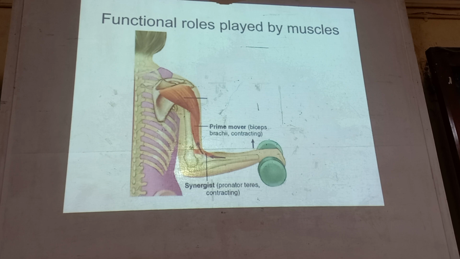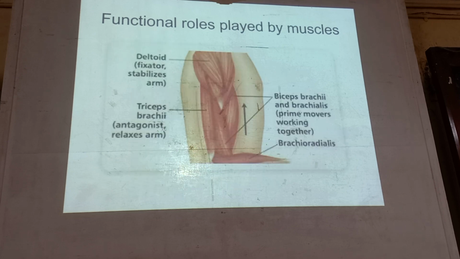By flexing his wrist, it weakens the grip. This example understood? The three roles we have already discussed: prime mover, antagonist, synergist. The fourth role is called the fixator.